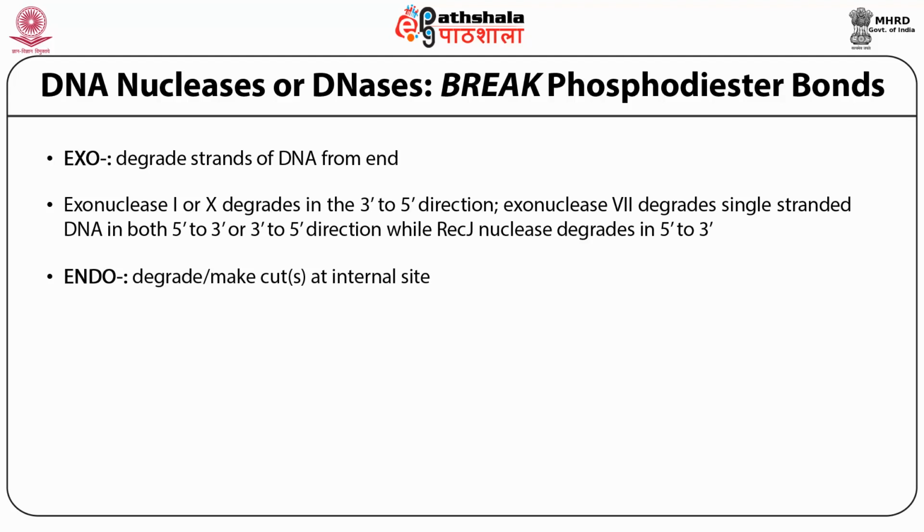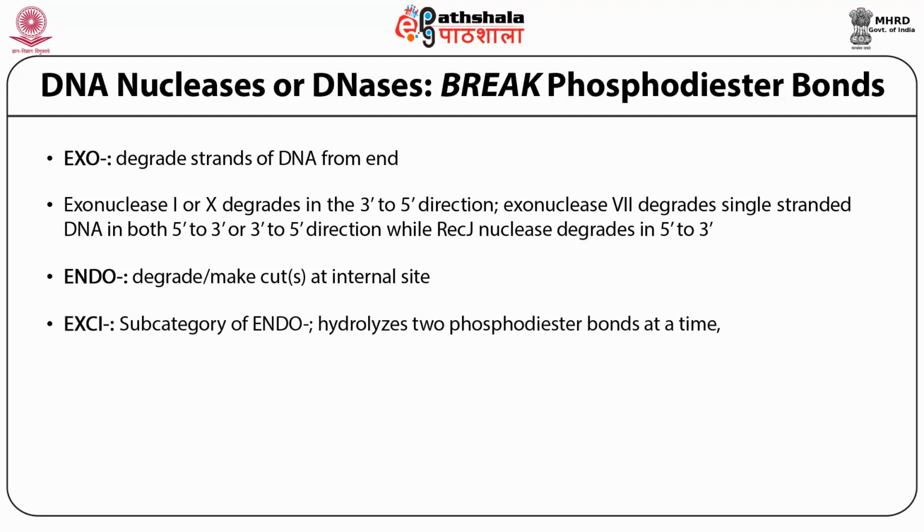Endonucleases. These DNases make a cut at an internal site. We will talk about endonucleases in another module, as well as briefly cover them in this module. Then there is another category usually referred to as excinucleases. It is actually a category of endonucleases that hydrolyzes two phosphodiester bonds at a time.